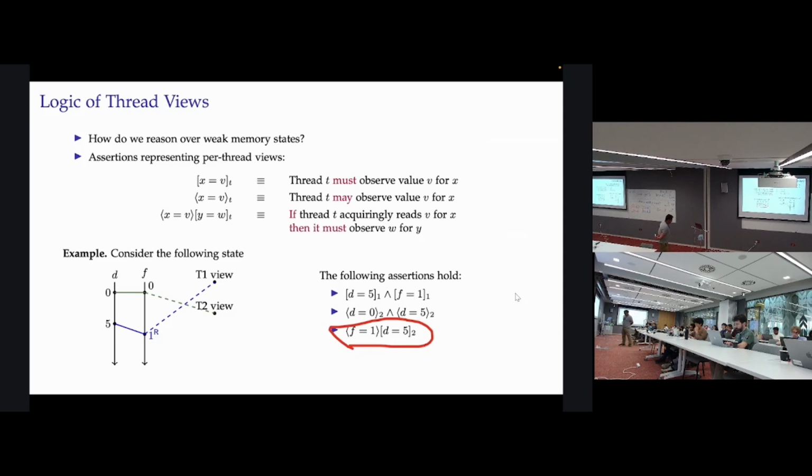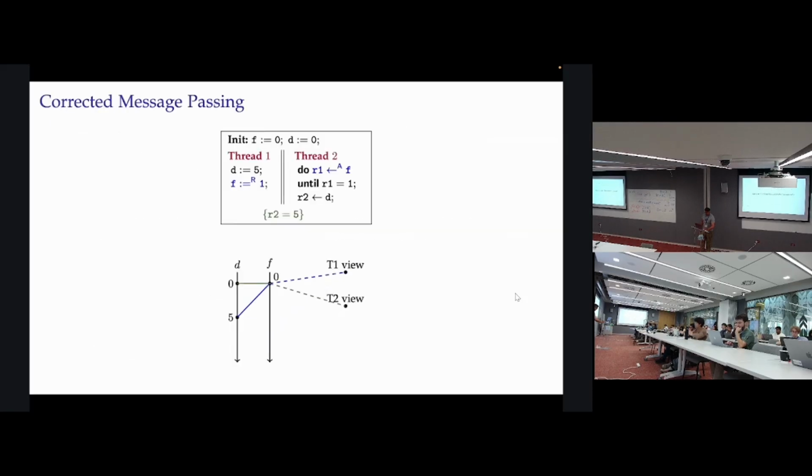Exactly. I haven't given you the mod view, so that's a little bit unfair, maybe. But it's saying if I read 1 for F through an acquiring read, I'm guaranteed to update my view to get D equals 5.